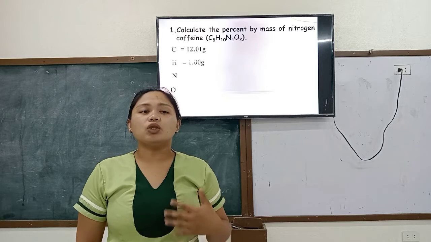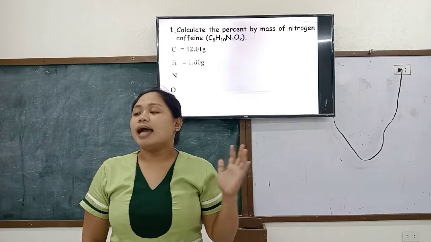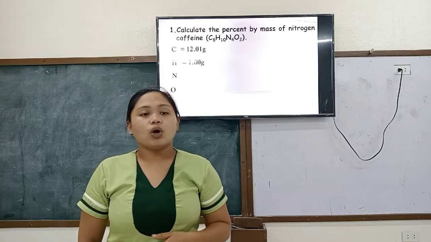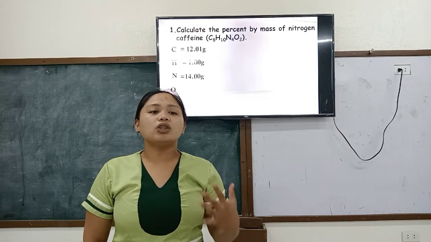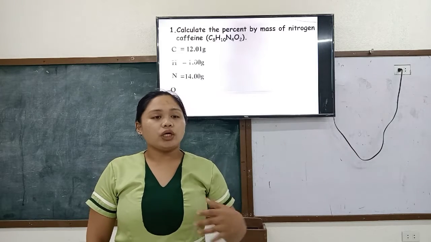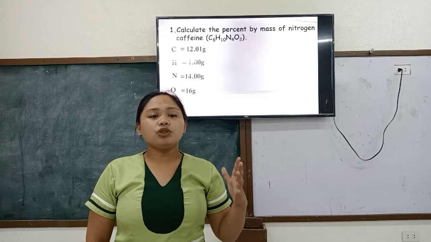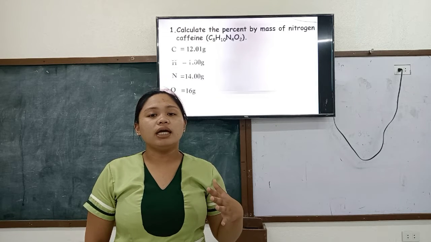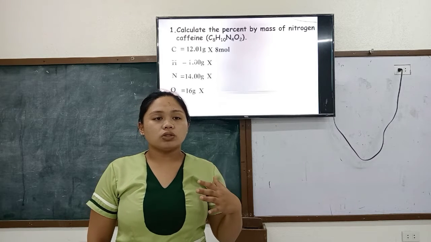Now, how about the atomic mass of the nitrogen? Yes, that's correct, which is 14 grams. And how about the atomic mass of the oxygen? Yes, you are right, which is 16 grams. So, we have to multiply all the elements by their moles.